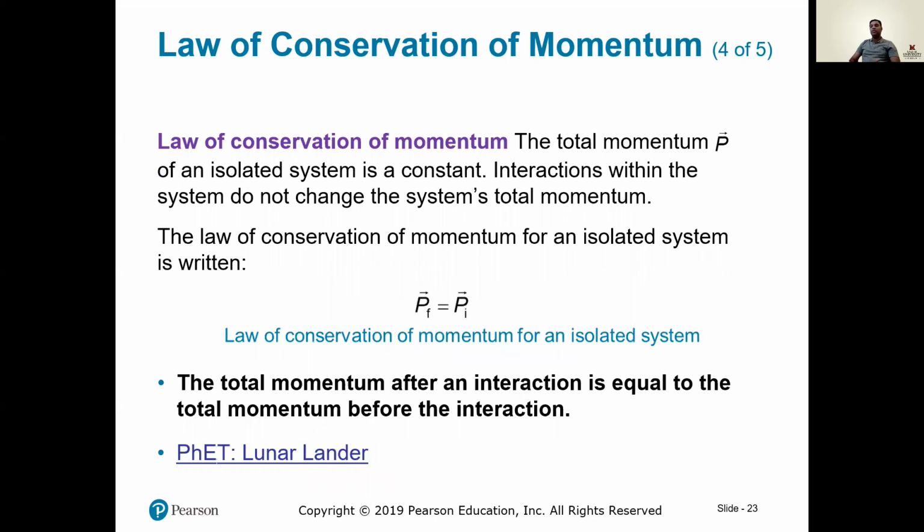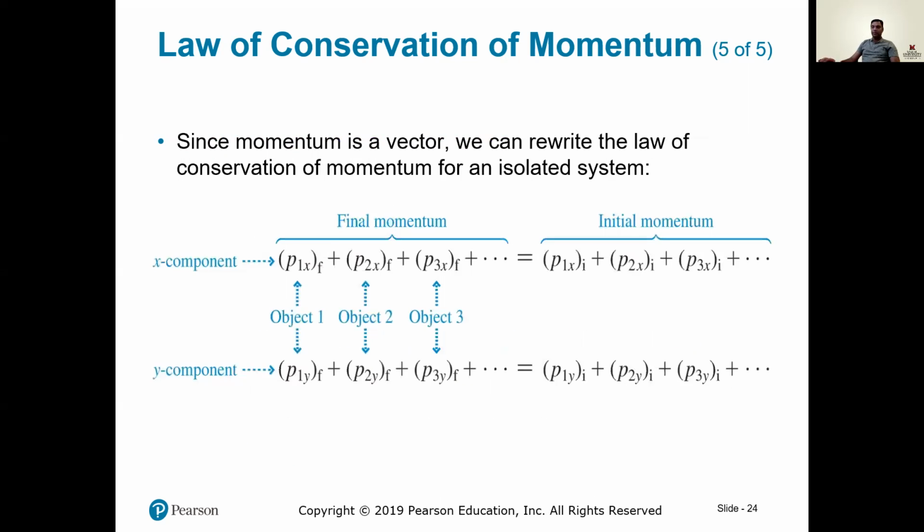So the law of conservation of momentum is very simple. The final momentum should be equal to the initial momentum, which basically tells you delta p equals 0. The total momentum after an interaction is equal to the total momentum before an interaction.